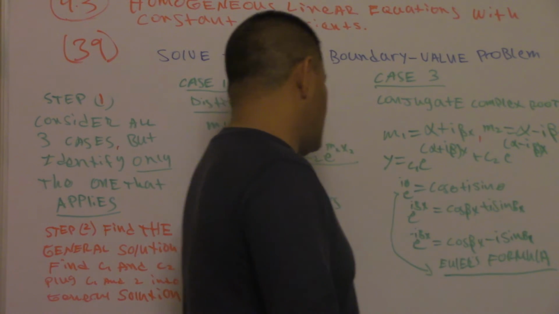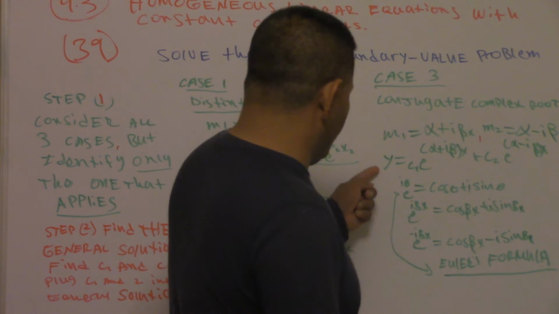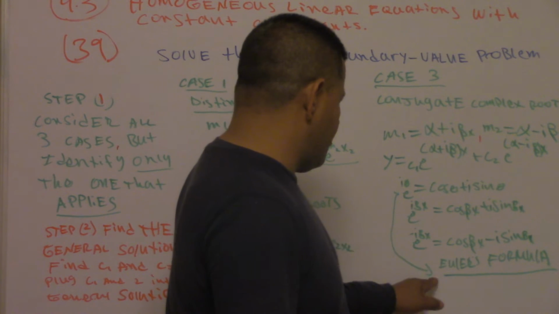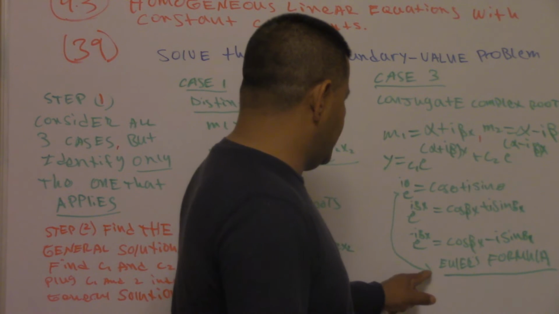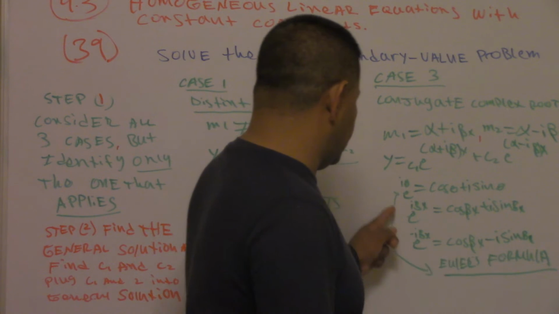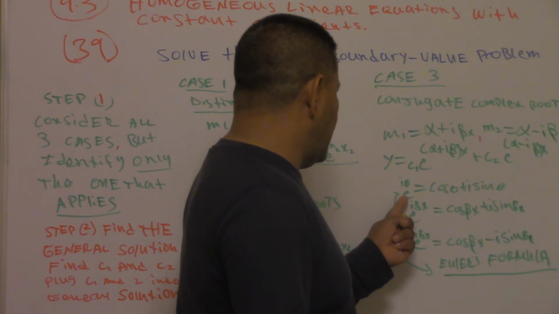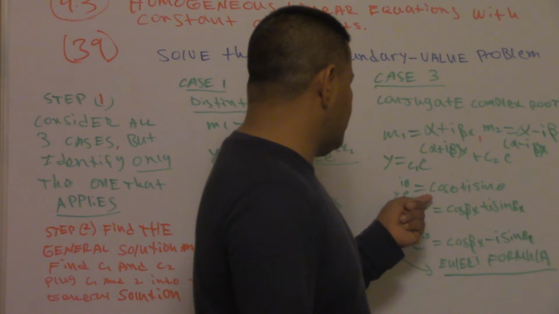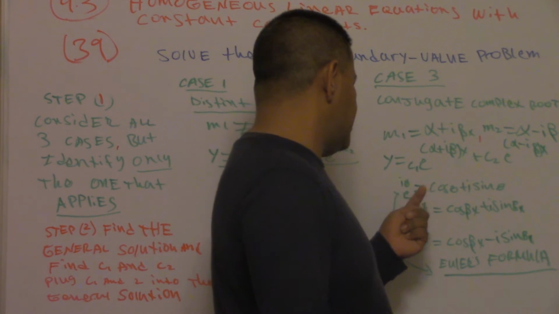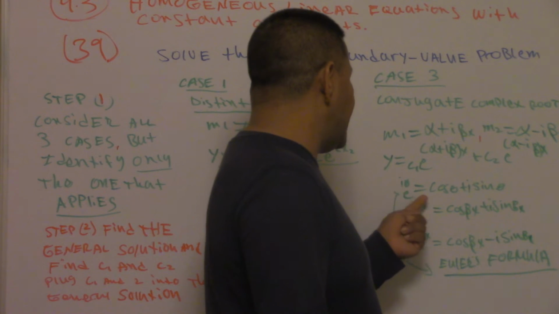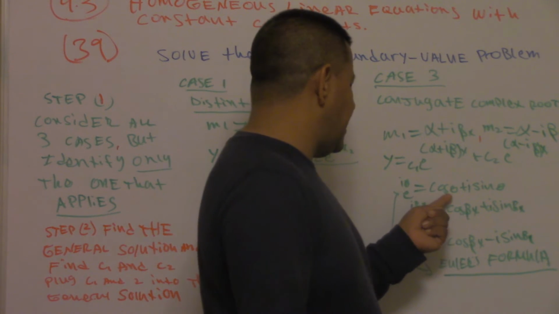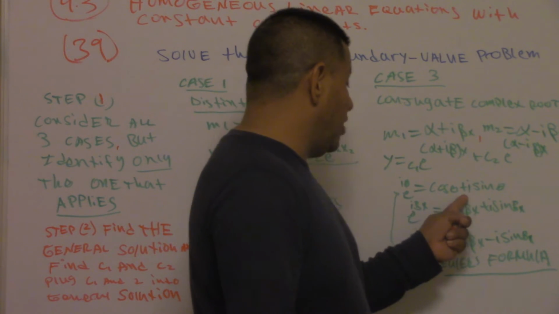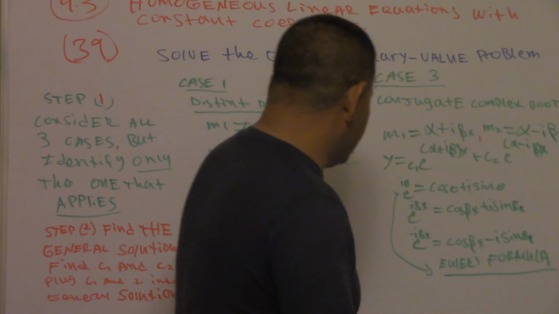Now we see the arrow right here, drop this arrow down here, which means that this is the Euler's formula. The Euler's formula is e to the i theta equal to cosine theta plus i sine theta.